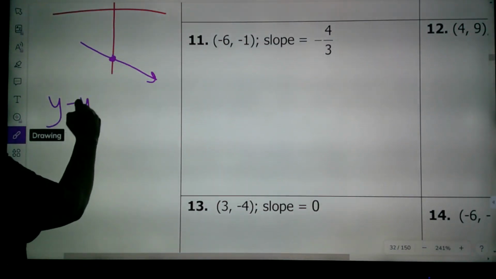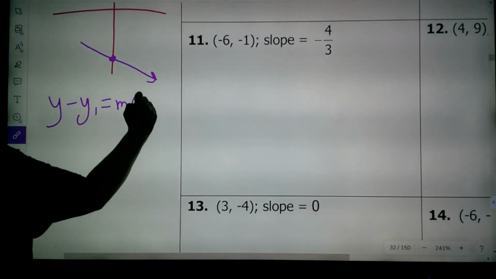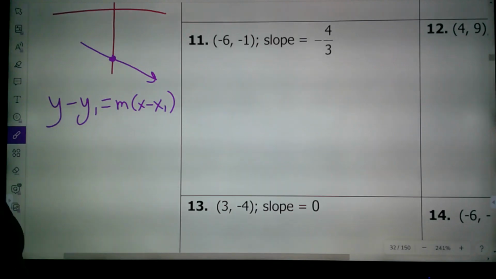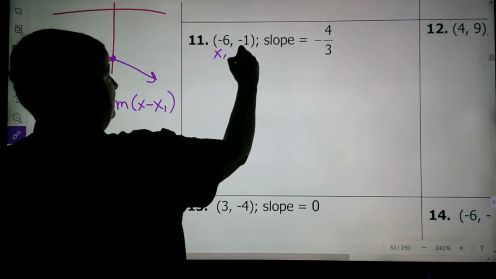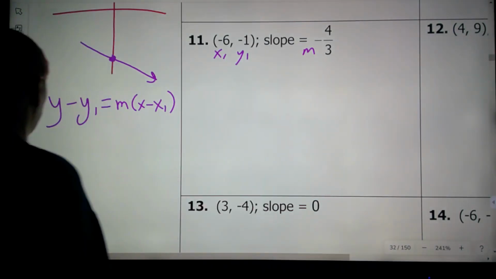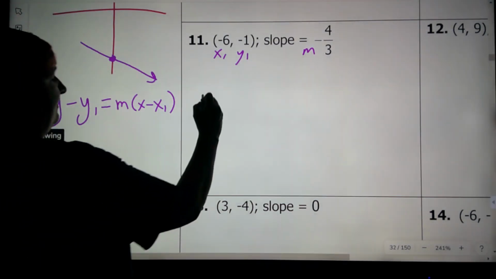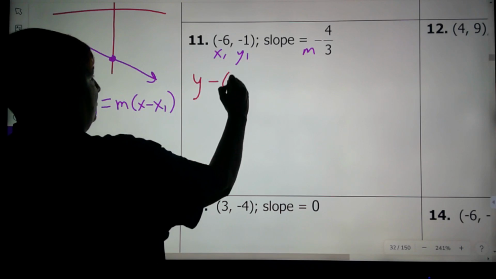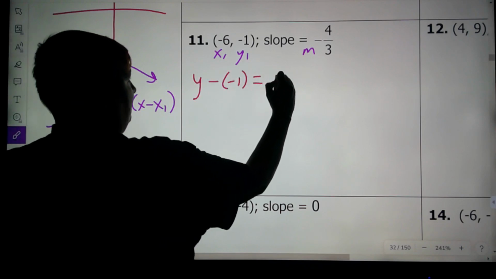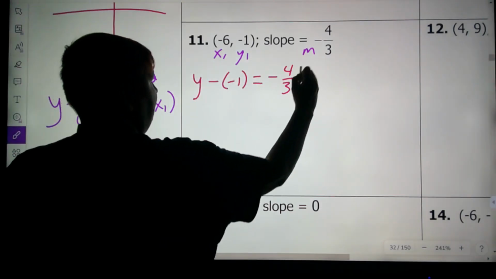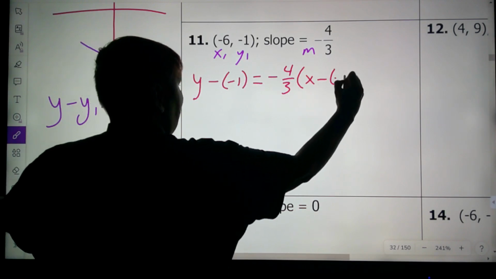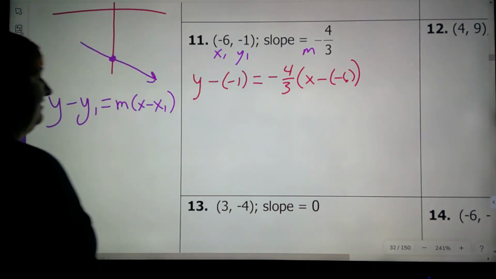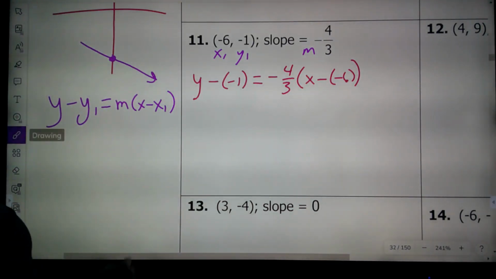y minus y1 equals m times x minus x1. x1, y1, m. y minus y1 equals m times x minus x1. Be careful with your double negatives.